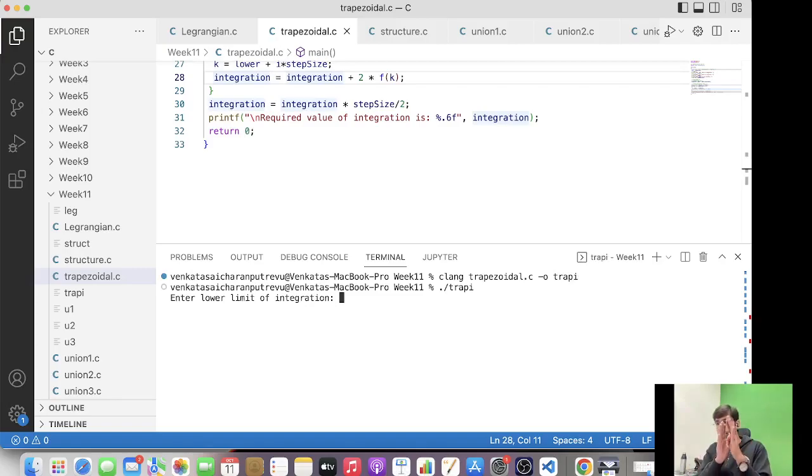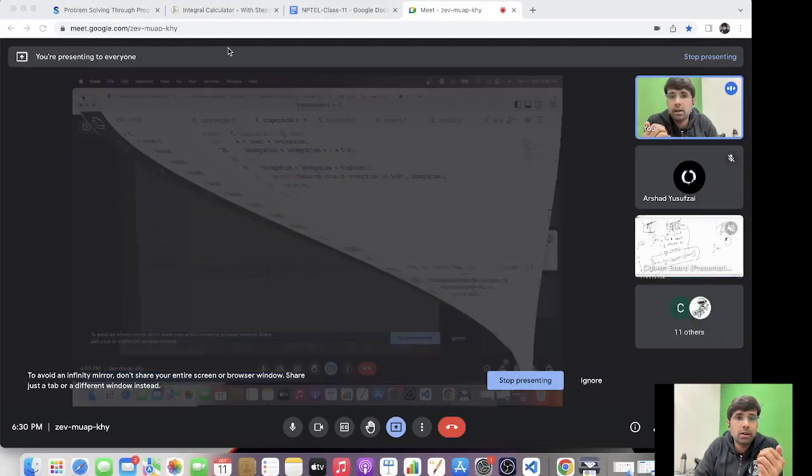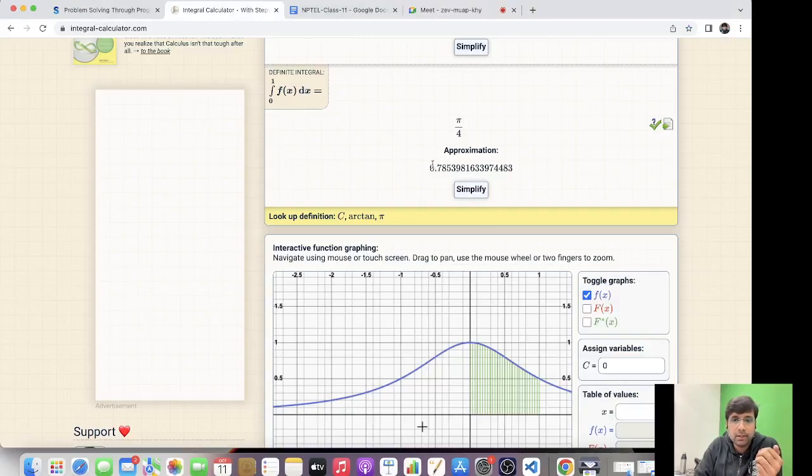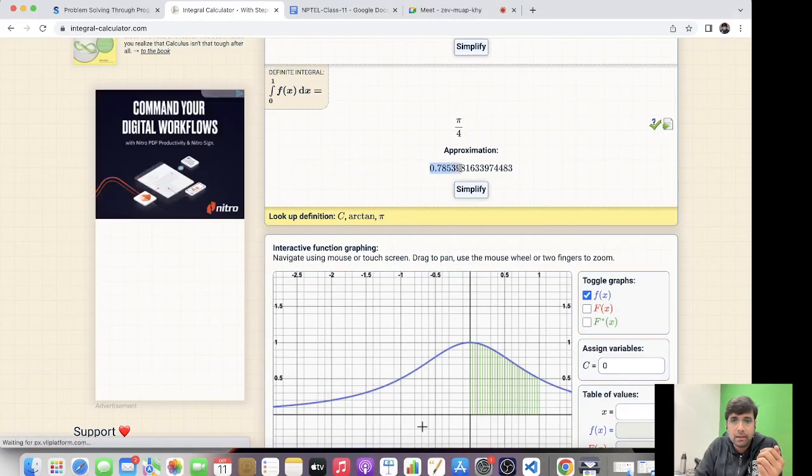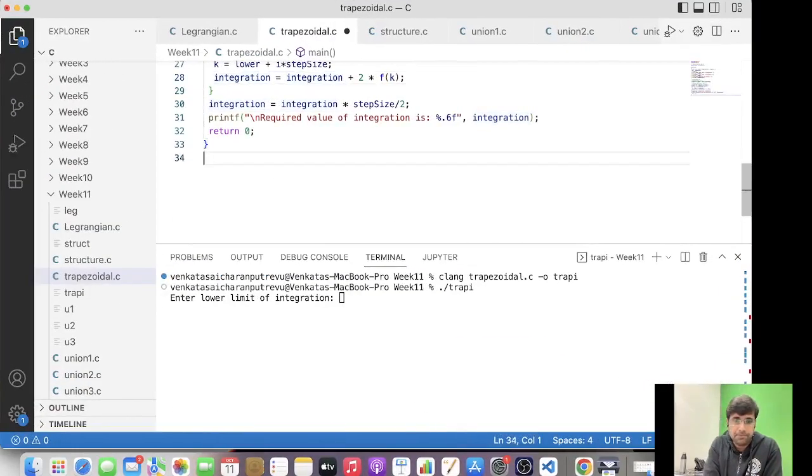Initially I will take only 2 trapezoids, then I will slowly increase the number and you will see the difference. We all know that the approximate value of this is 0.7853. Let me copy paste this here. Initially lower limit 0, upper limit 1 and sub intervals 2.